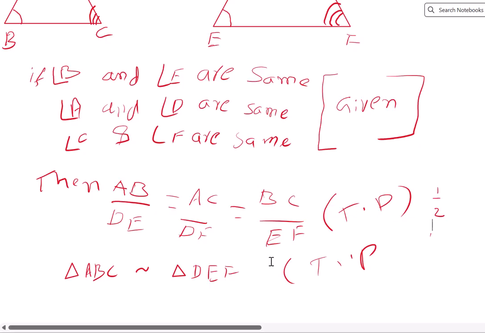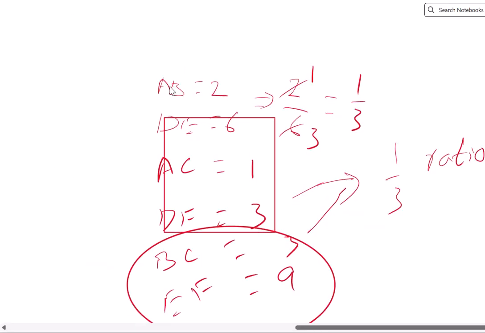If you don't understand what a ratio is, let me explain. Let's say AB is 2 centimeters, okay, then DE is 6. So what would be the ratio of AB upon DE? If you cut 2 and 6, it will become 1/3. The ratio is 1/3. So if AB upon DE is 1/3, then all other corresponding sides' ratios should be 1/3.